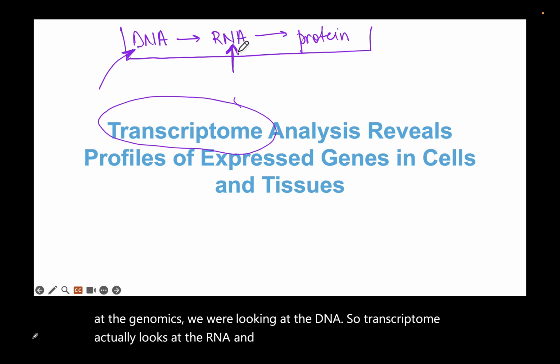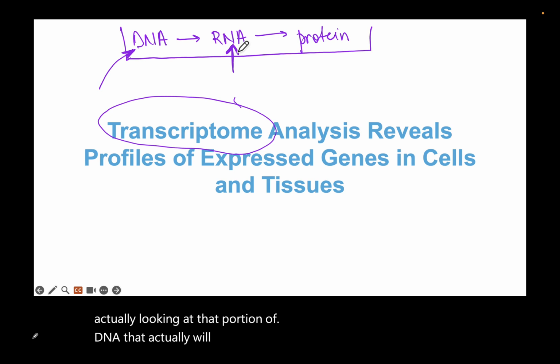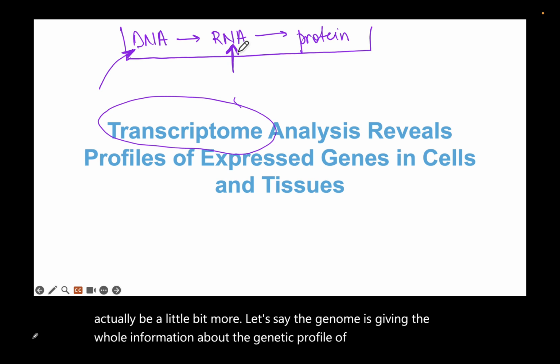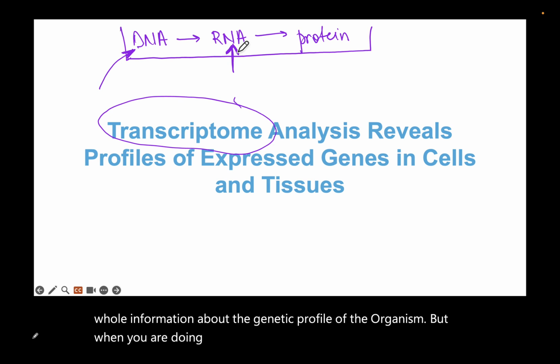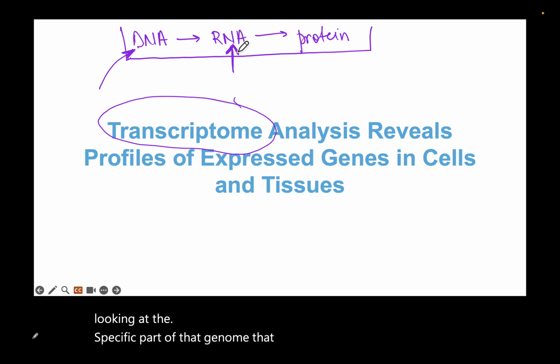When we look at the RNA, we are looking at that portion of the DNA that will become a protein. The genome gives the whole information about the genetic profile of that organism, but when you do the transcriptome, you are looking at the specific part of the genome that gives you a protein.